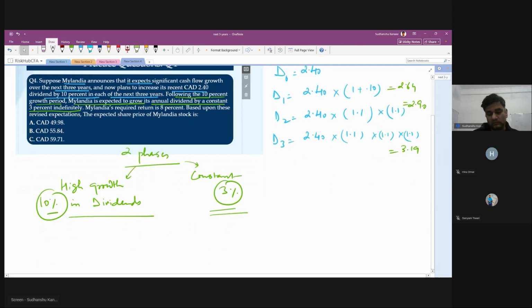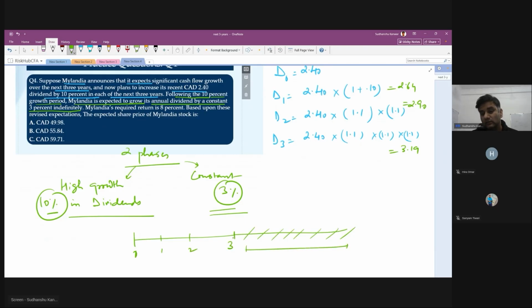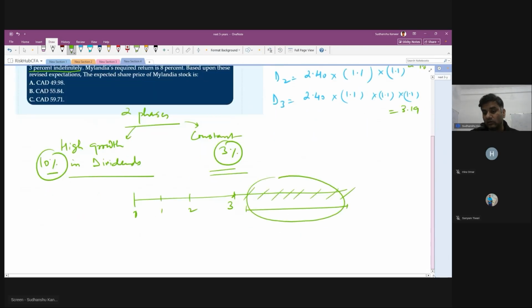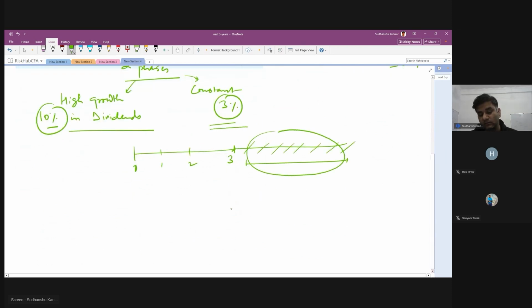This is like a D naught, right? Because you see yourself: first year, zero, first, second, and third. Now things change from here, third year onwards. If I have to find out the value ahead, this period will treat this as zero. So if I have to apply the same logic, what do I need to do? If you remember, the formula was very simple: D1 over KE minus GC.